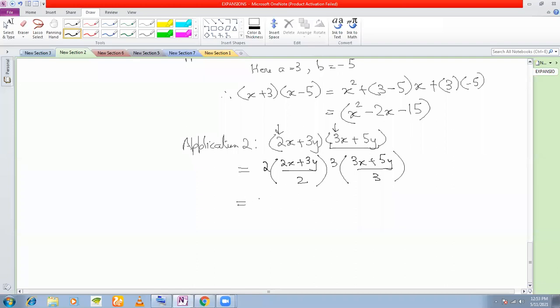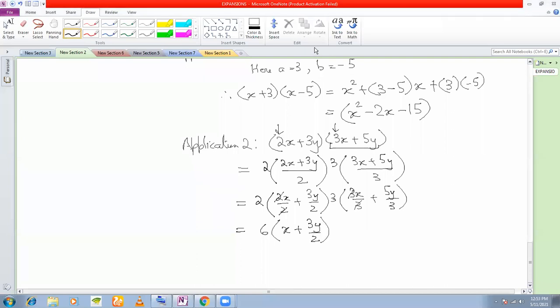Now (2x + 3y) divided by 2 can be written as 2x by 2 plus 3y by 2, into 3x by 3 plus 5y by 3. Now these cancel, and you have got the coefficient 1. 2 and 3 multiply to get 6, and then you have (x + 3y/2) and (x + 5y/3).